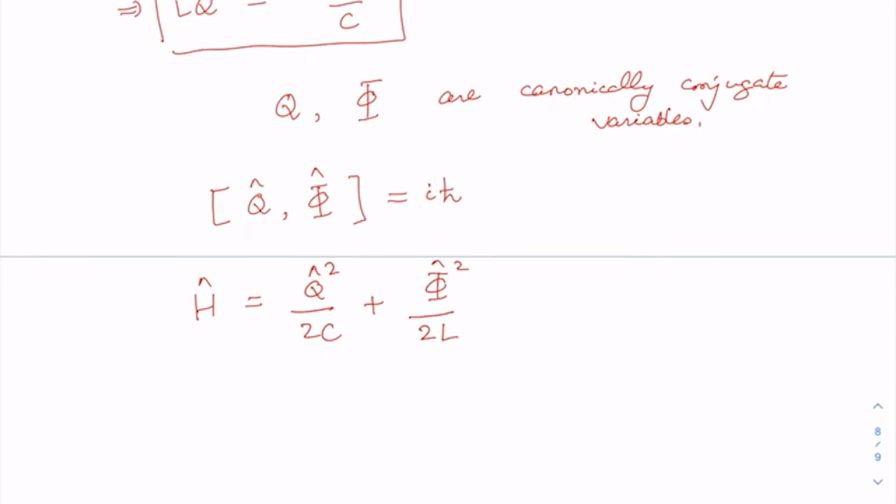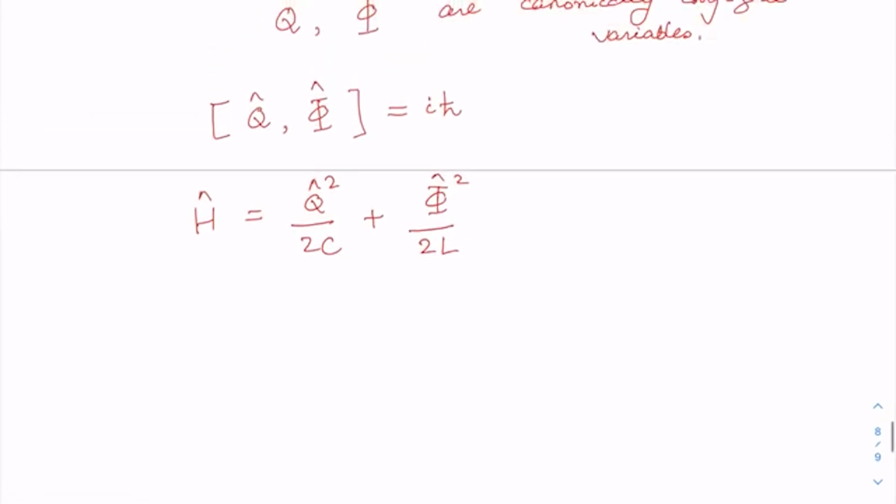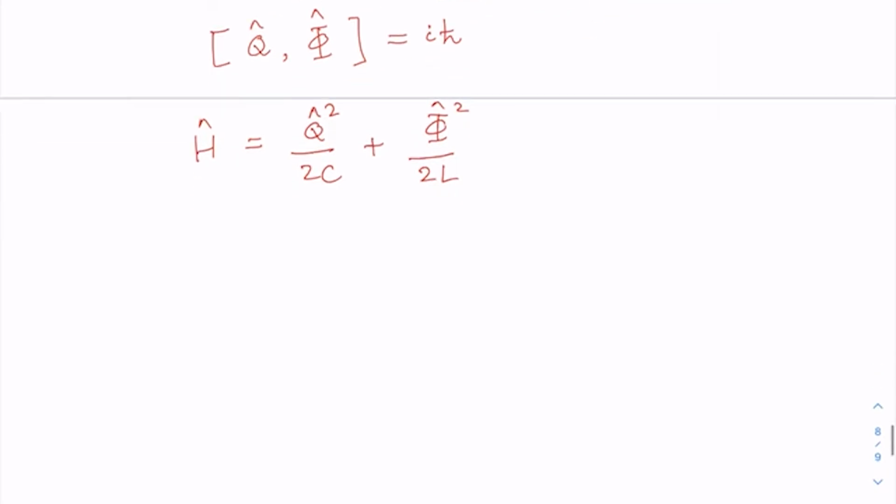You may actually know that in the Hamiltonian formalism, both generalized coordinate and momentum are given equal weightage. In fact, the Hamiltonian formalism is quite flexible, so we can quantize the LC oscillator taking magnetic flux as our generalized coordinate rather than the charge.